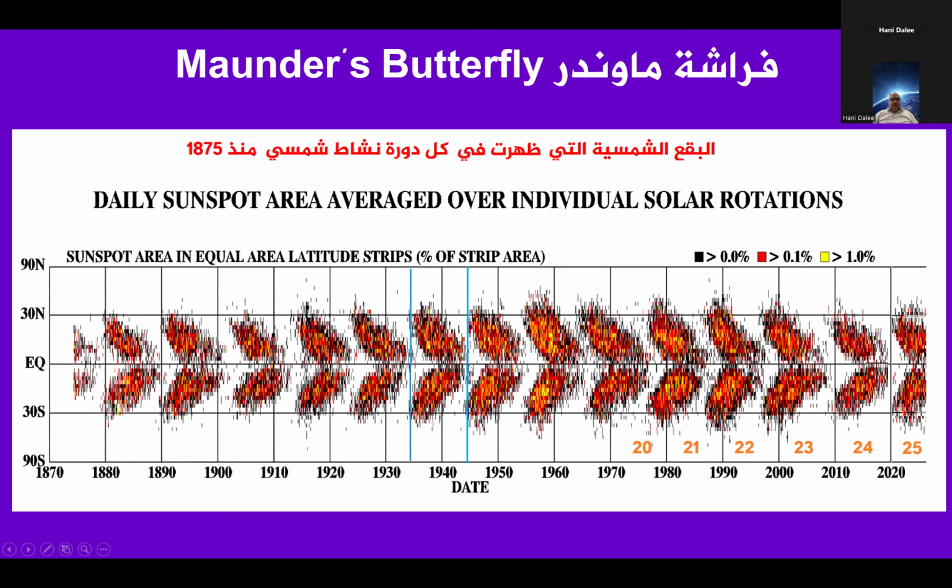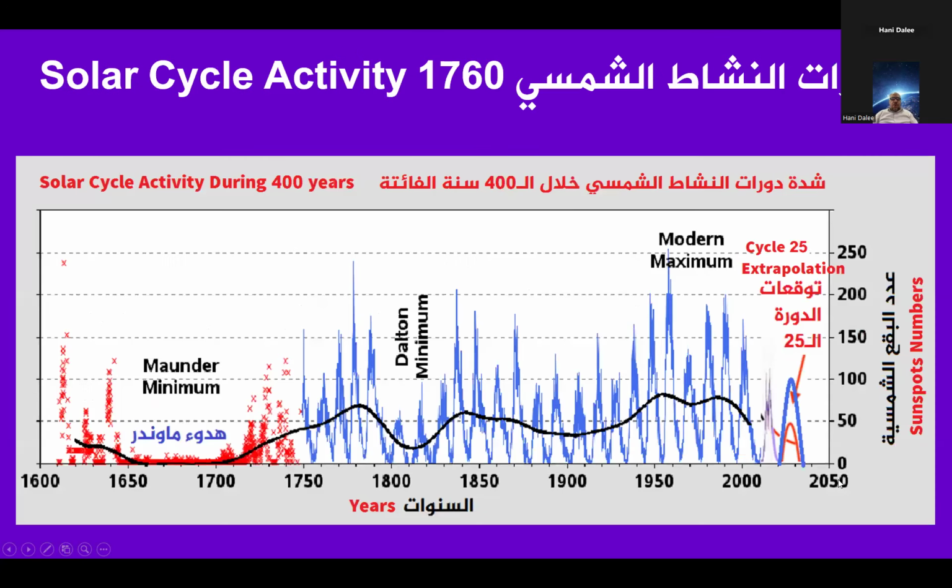And this again reoccurred in different solar cycles. Now we are in solar cycle 25, which started in 2020 and will finish almost in 2031.